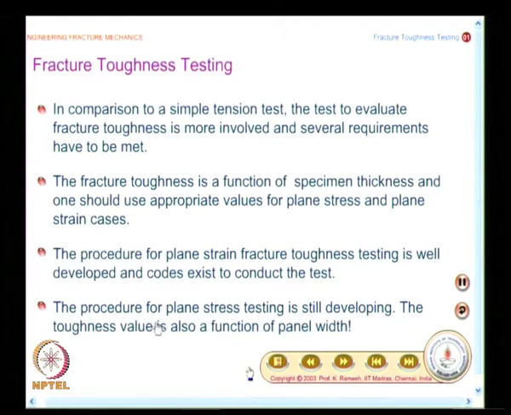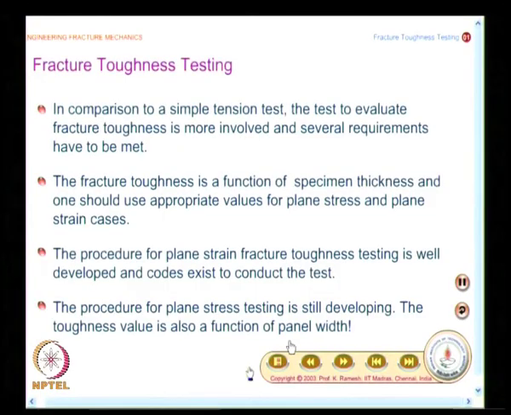The procedure for plane stress testing is still developing, and you have to note a funny piece of information. The toughness value is also a function of panel width. There are too many parameters that come into the picture. If I use panels of different widths, fracture toughness also changes. So, this you have to keep in mind. This makes your testing also a bit difficult.